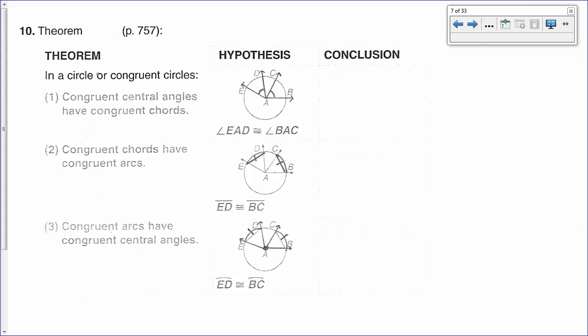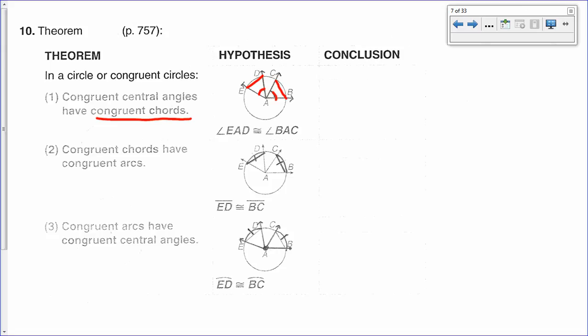All right, so some theorems here. These are almost common sense theorems, I call them. Congruent central angles have congruent chords. See the picture here? Look at what's given. I have congruent central angles. Therefore, I must have congruent chords. So I'm going to draw my chords in here, right here and right here.